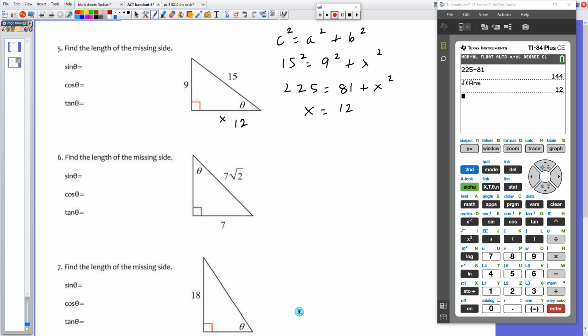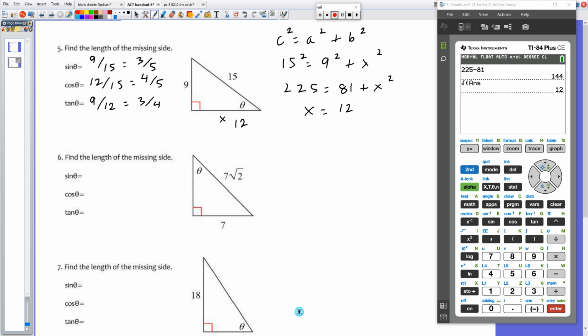So the 15 is my hypotenuse, the 9 is my opposite, the 12 is my adjacent. Sine, 9 over 15. I'm going to reduce that down to 3/5. Cosine, adjacent over hypotenuse. Reduce that down to 4/5. Tangent, opposite over adjacent. Reduce that down to 3/4.